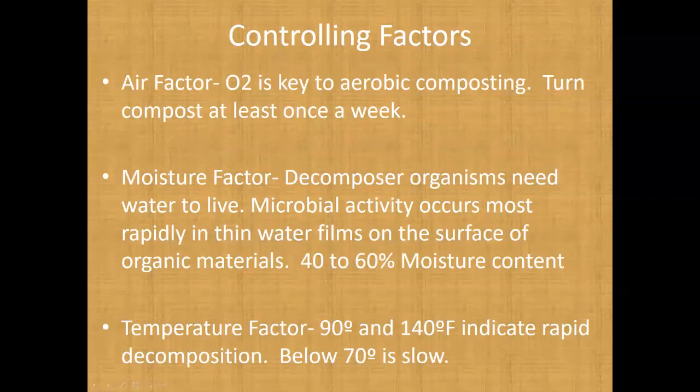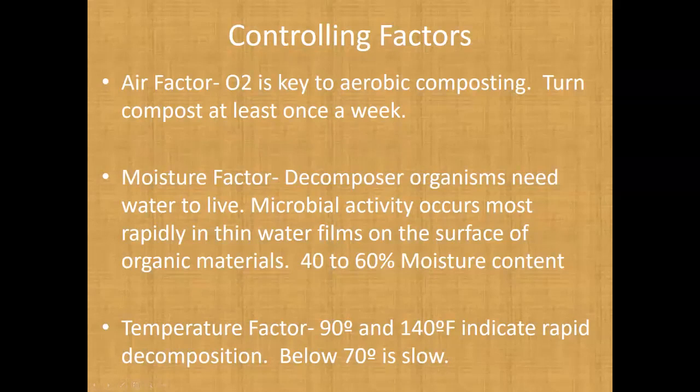And so how do we control or monitor these factors? Air is key to aerobic composting. We've got to have oxygen in there. And to do that, we need to be turning our compost at least once a week to keep that air incorporated, so we don't lose that airspace.